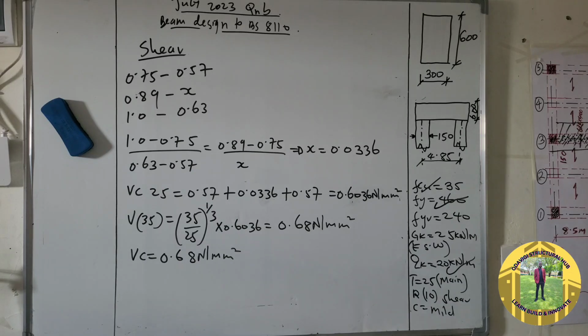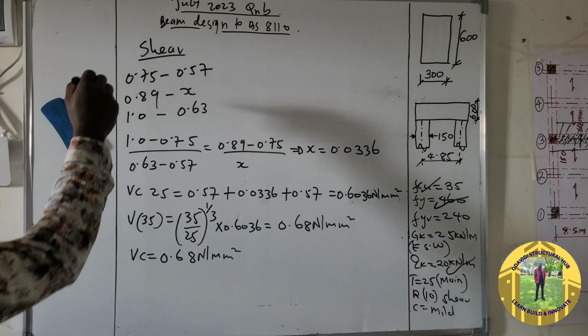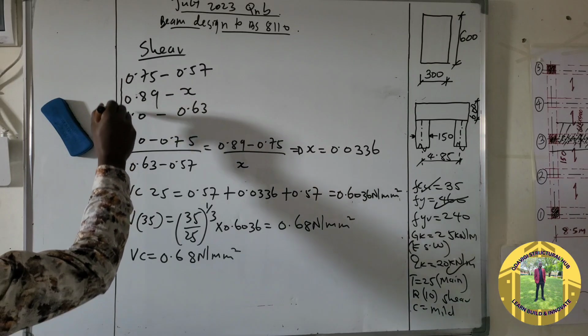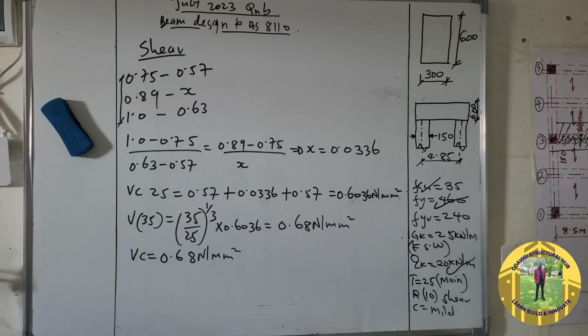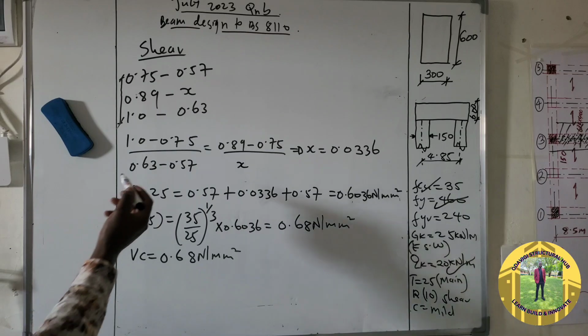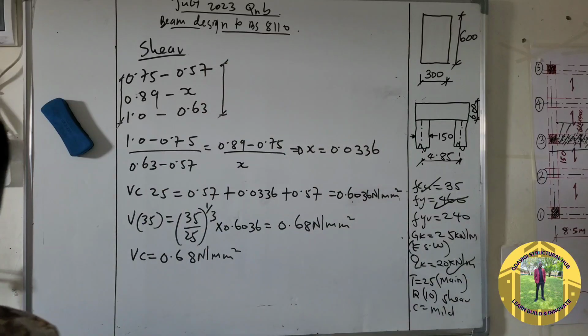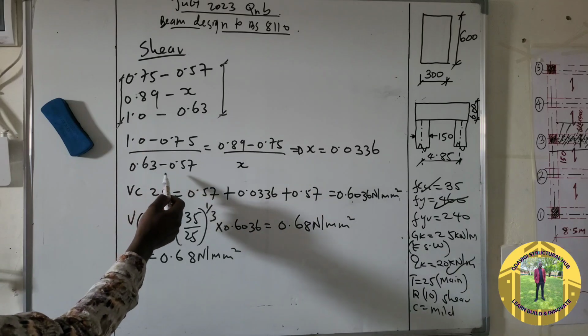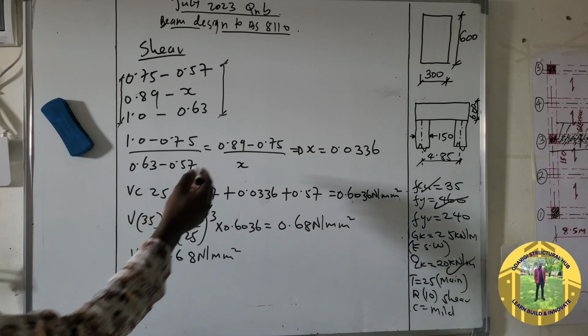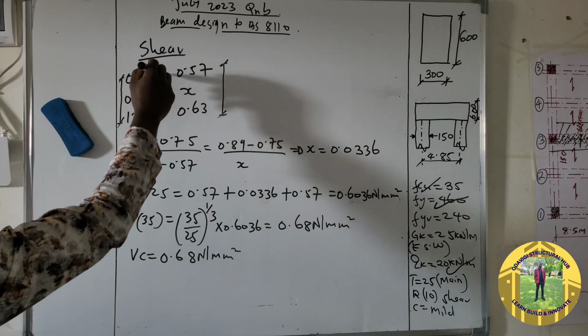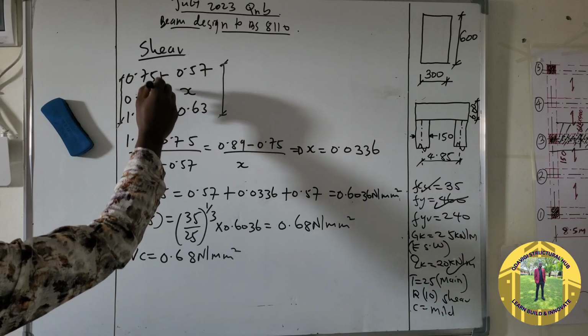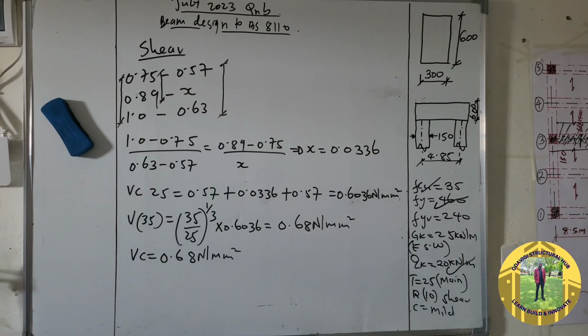So if you get the difference between these two, you'll have 1.0 minus 0.75, over 0.63 minus 0.57, and then you equate to the difference of these two, which is 0.89 minus 0.75 over x, of which you don't know.